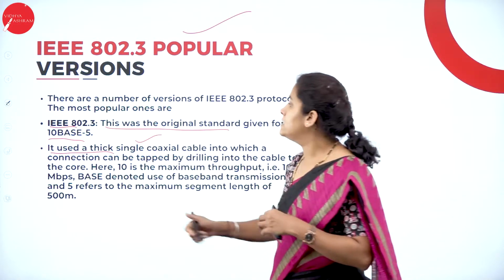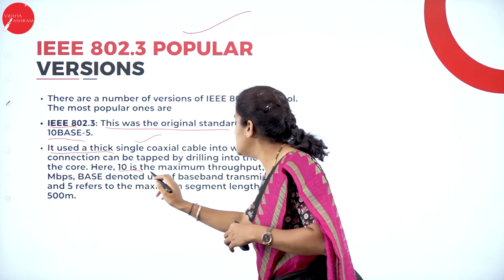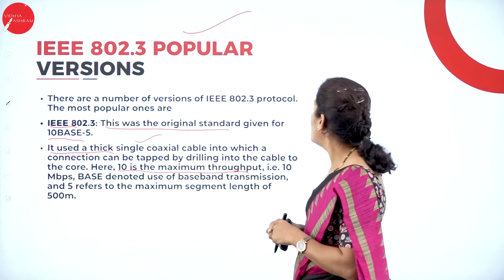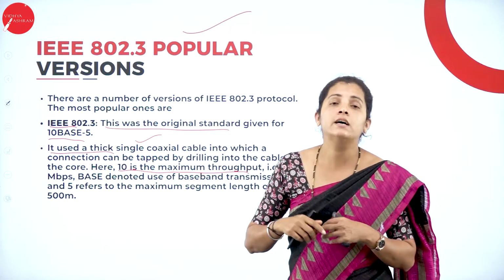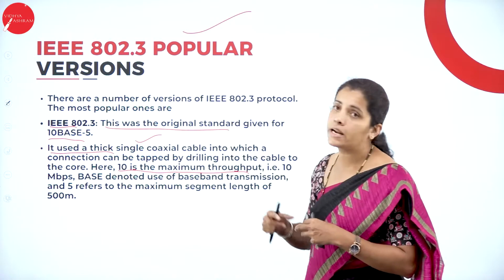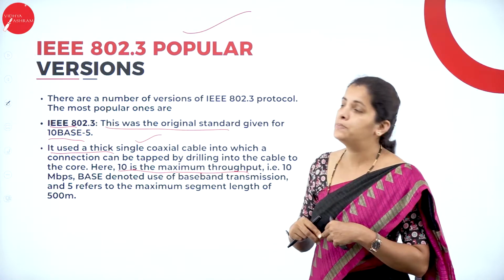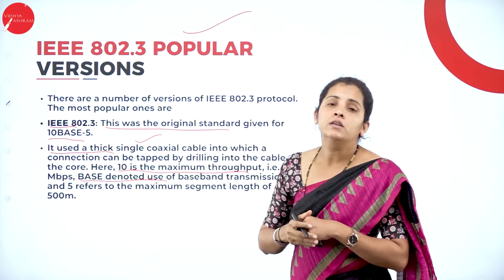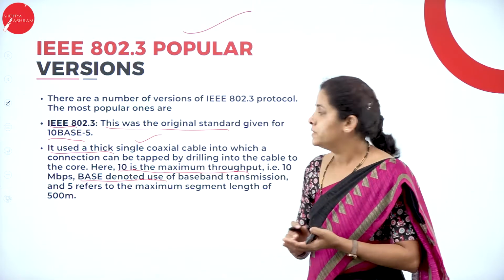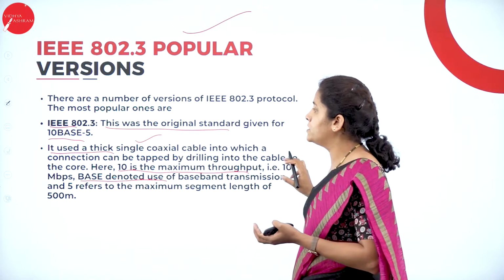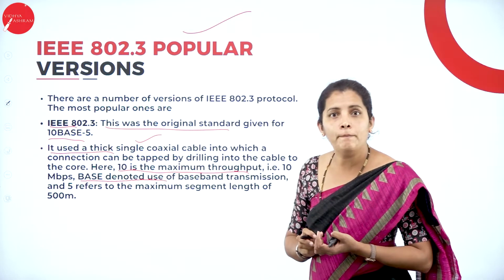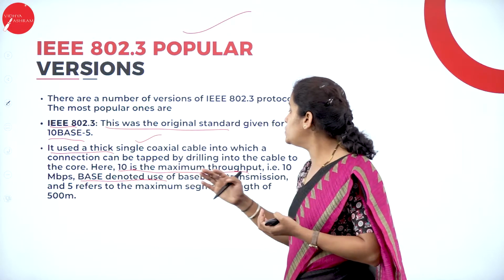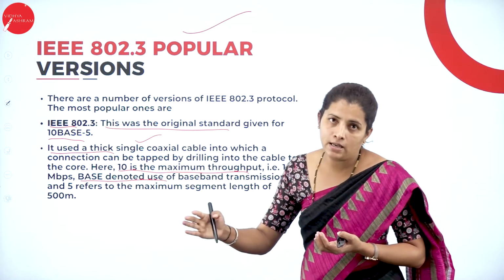Then what is 10? The 10 is the maximum throughput, that means the data rate. Here the data rate is 10 megabits per second, and base is used to denote baseband transmission, and 5 is used to refer to the segment length.